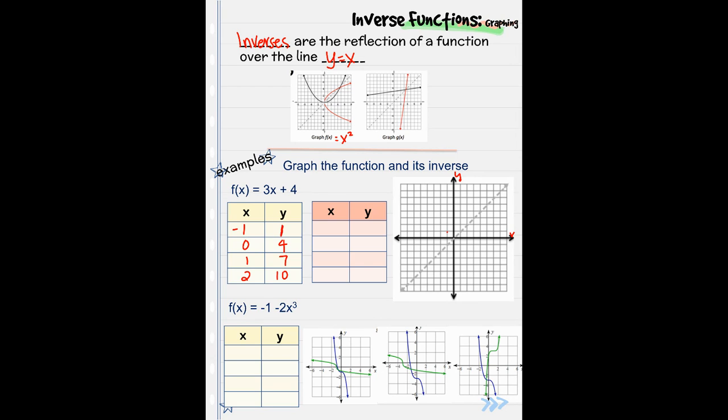There's 4. 1, 7. 1, 2, 3, 4, 5, 6, 7. That's right here. And then 2, 10 is off of our graph. My line's not straight. It's okay. Your line doesn't have to be straight yet. So this is our original f of x.